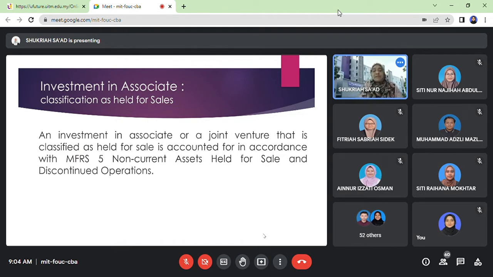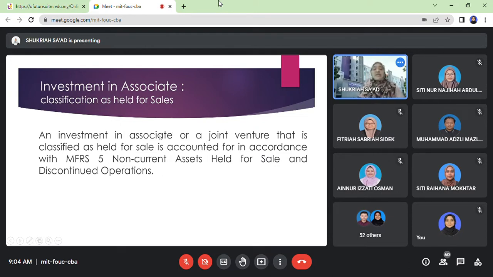The investor only invests in the associate for the short term, 12 months only. So any investment in associate or joint venture that is classified as held for sale will not be applicable here. We are not going to look into any aspect of investment in associate which is held for sale.